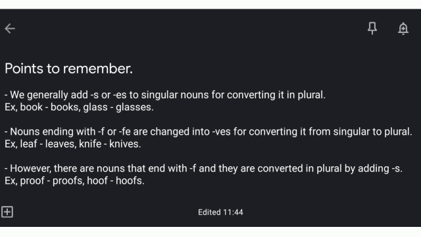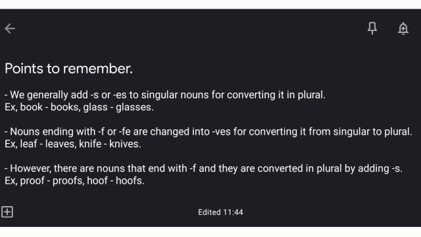Now that we know the difference between singular and plural, we will move on and learn the rules, or you can say go through a few things that we have to keep in mind while we are converting a singular noun into a plural noun. So the first point is we generally add s or es to singular nouns for converting them into plural.